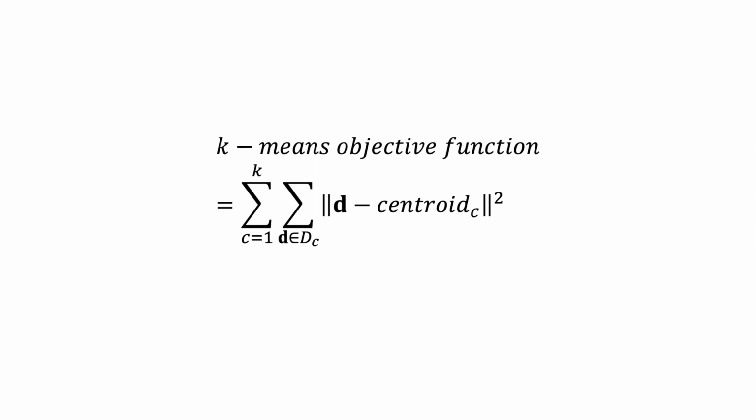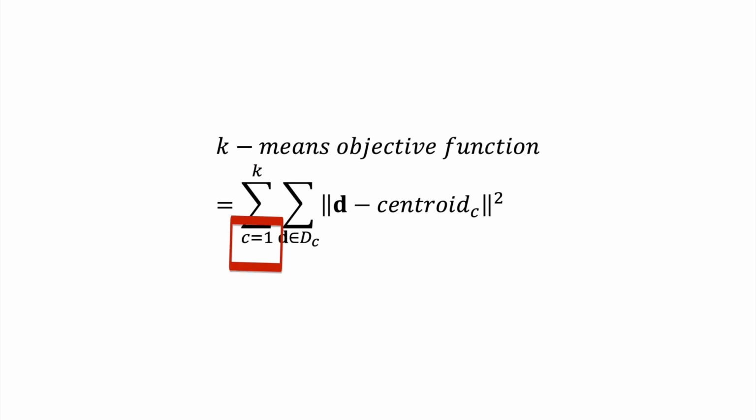Let us talk about the objective function that the k-means algorithm minimizes. Although the k-means algorithm itself might not directly write this equation as a function of summations, through the iterations of k-means, the algorithm eventually minimizes this function. Let us describe the notations first. K is the number of clusters.